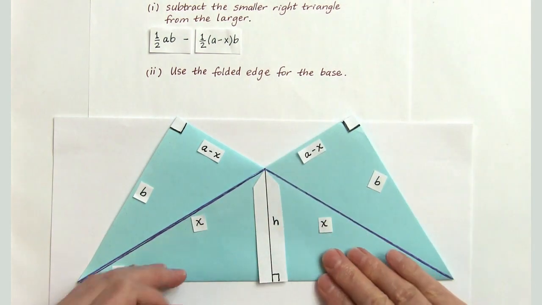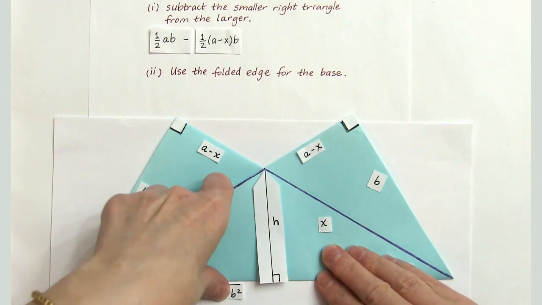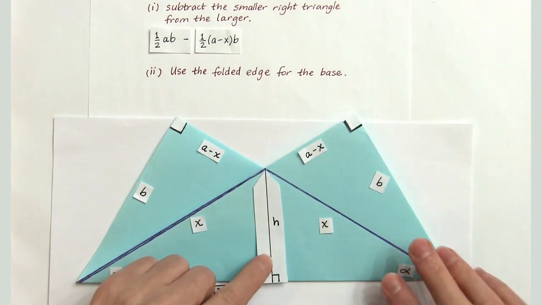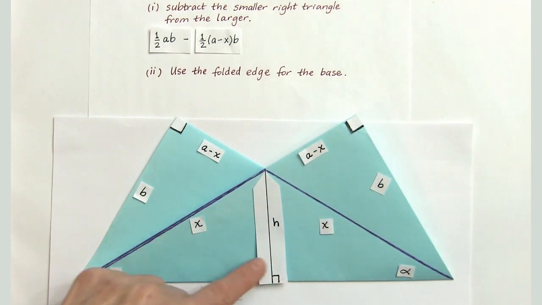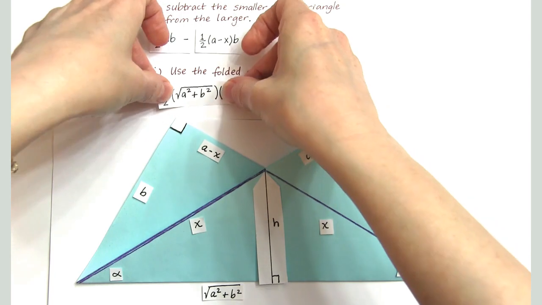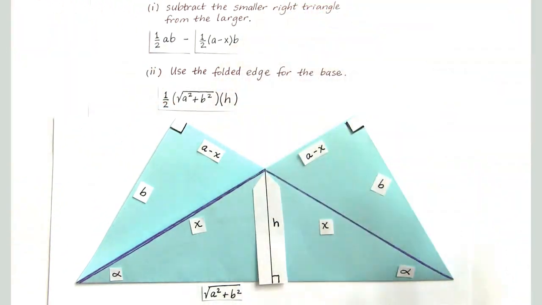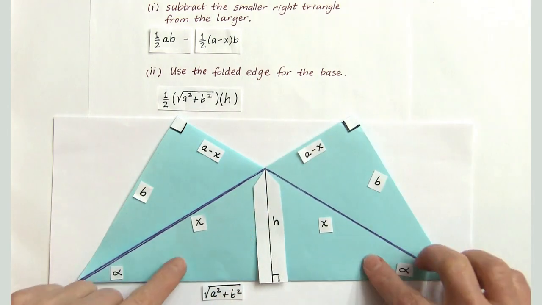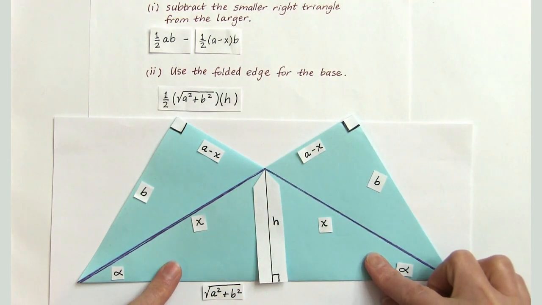So I know the base of this triangle is the square root of a squared plus b squared. And then I would need to know the height, and then the area of this triangle would be 1/2 of its base times its height, like that. So this is a second method for calculating this area.